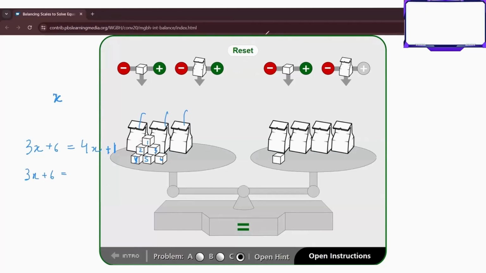Okay, have you remembered the equation? Tell me the equation now. 3x plus 6 equals 4x plus 1. Okay, yes. Now we will do what? I'm going to subtract 1 on both ends, because whatever I do to one end, I have to do to the other end.